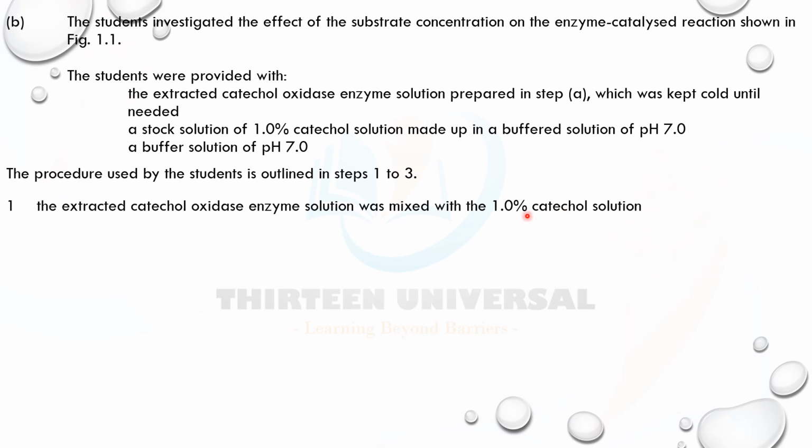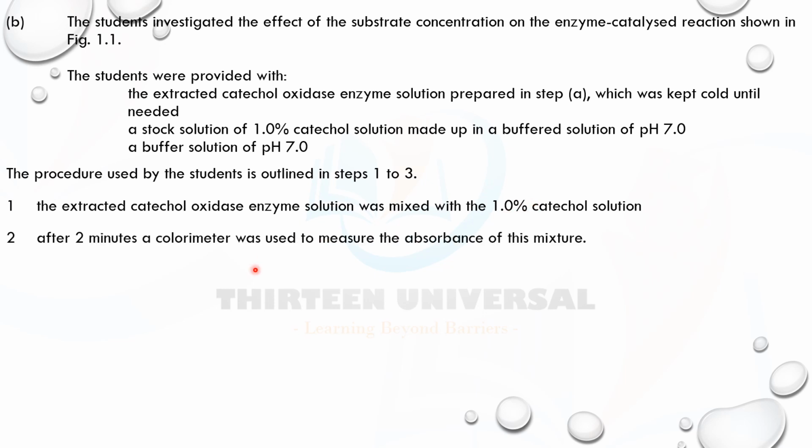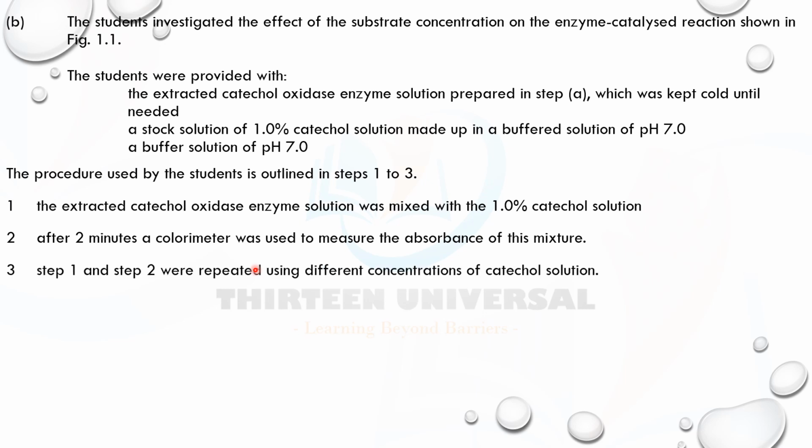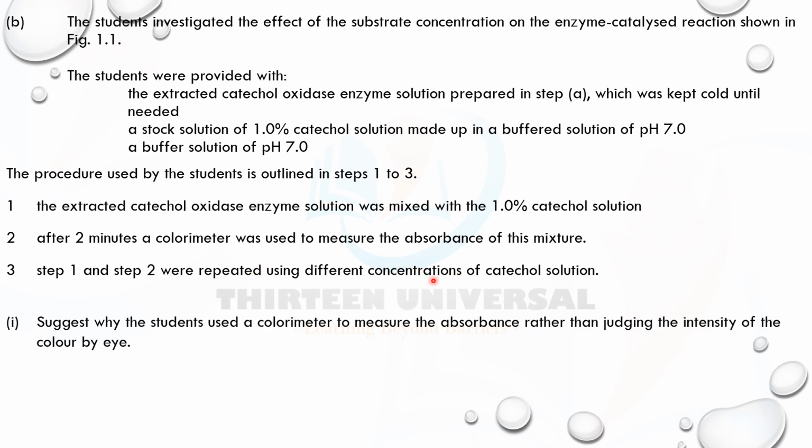Number 2, after 2 minutes, a colorimeter was used to measure the absorbance of this mixture. Number 3, steps 1 and 2 were repeated using different concentrations of catechol solution. The first question here: suggest why the students use a colorimeter to measure the absorbance rather than judging the intensity of the color by eye.